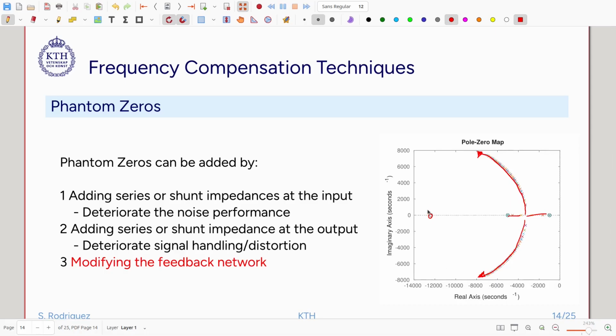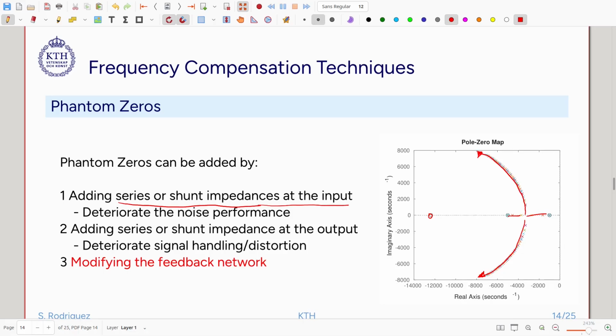How can we do this in our circuits? Well, there are a few ways to introduce these phantom zeros. One way is to add series or shunt impedances at the input. We talked about how every pole in the asymptotic gain becomes a zero in the loop gain.